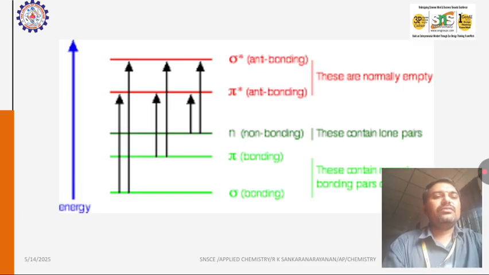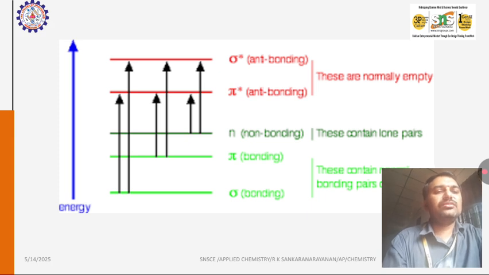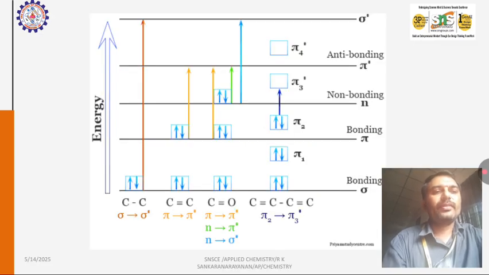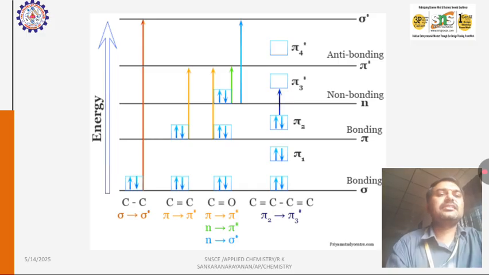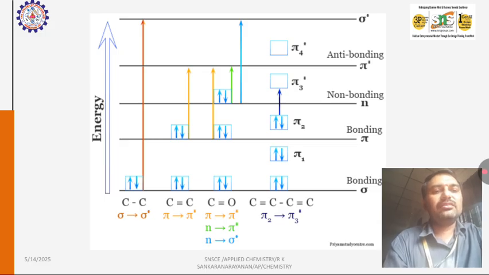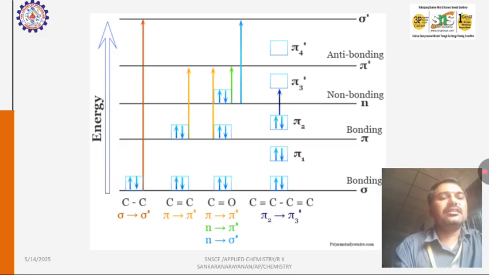Generally the pi bond and n, non-bonding, are lone pairs of electrons, and another is the sigma bond to pi bond. Here you can see the previous slide's discussion. If you apply energy to C double bond C, sigma goes to sigma star, bonding to anti-bonding. Another one is C double bond C, going from bonding to anti-bonding, the pi to pi star transition.